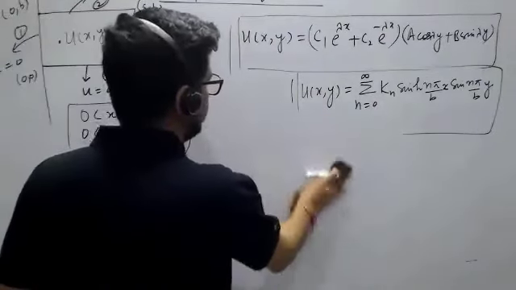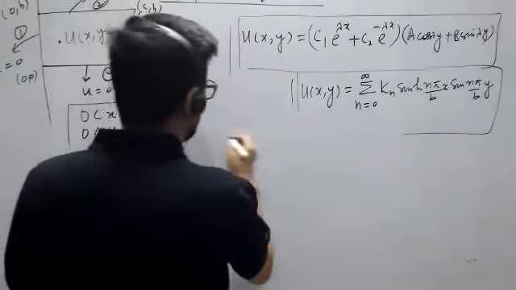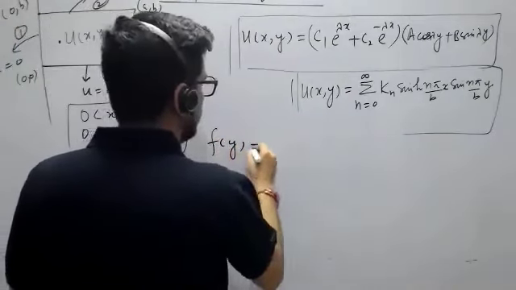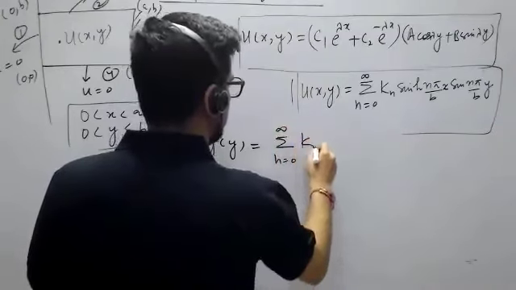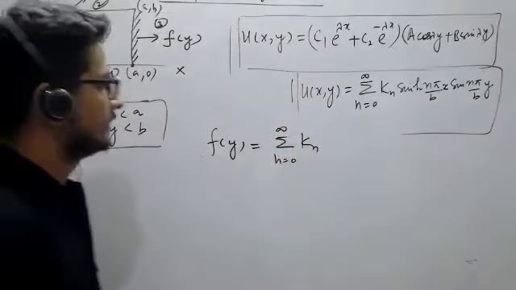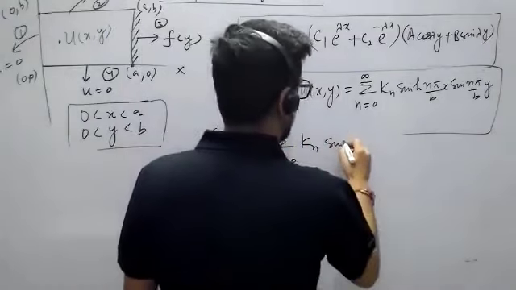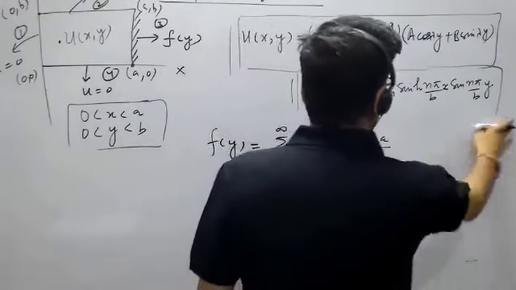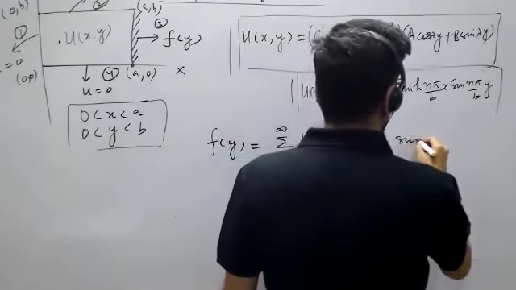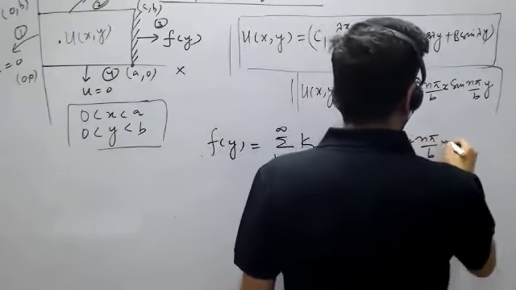So this is f(y). What is f(y) equal to? It will be equal to the summation n is equal to 0 to infinity Kn. The value of x is a here, so it will become sine hyperbolic n pi a by b, and this will become sine of n pi y by b.